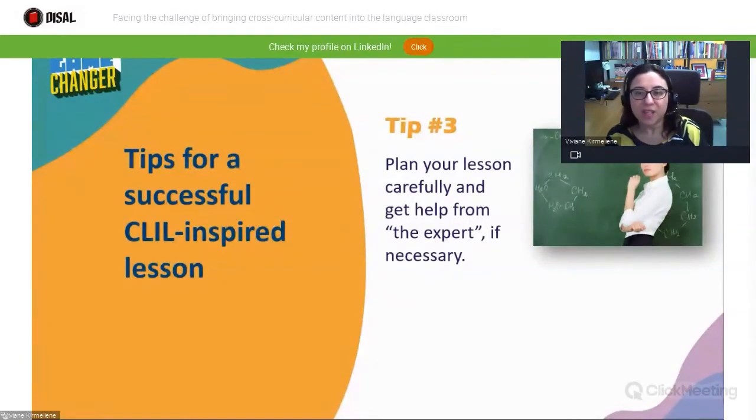The more prepared you are for the lesson, the lower the chances of leaving your students behind. But remember, even when we're working with soft CLIO, English, in our case, right? English is a means of instruction, a medium of instruction, it is not the objective of the lesson per se. Okay?